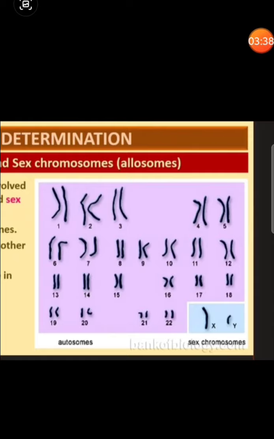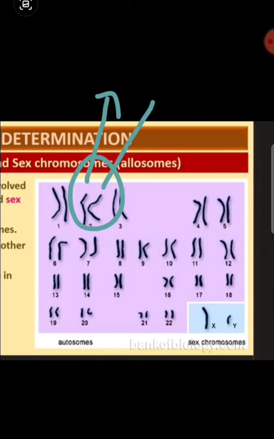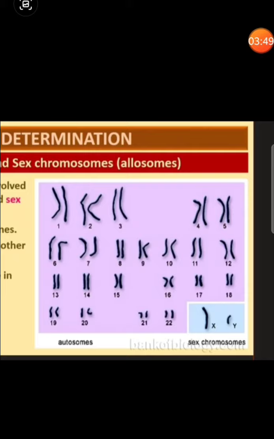So in one pair of two chromosomes, one comes from the father and one from the mother. So total 46 chromosomes, that means total 23 pairs, okay?